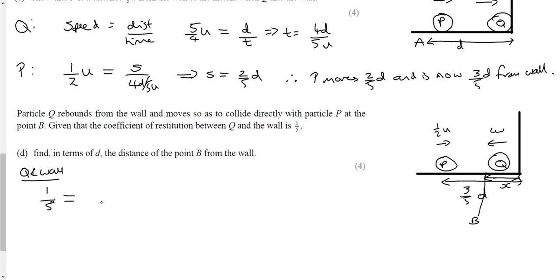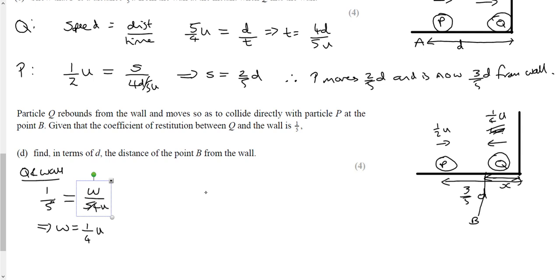The wall obviously doesn't move, so the speed of separation is W, speed of approach is 5/4u, so therefore I can find that W is a quarter u, so that's my speed of Q after it's rebounded off the wall.